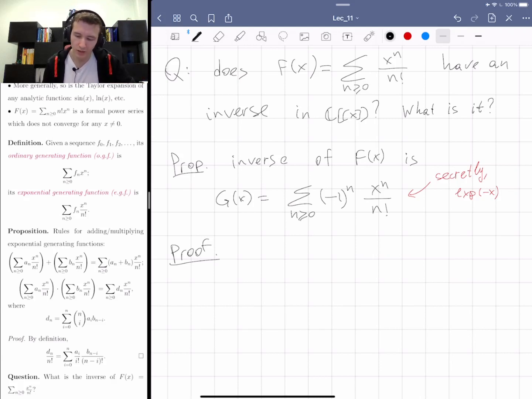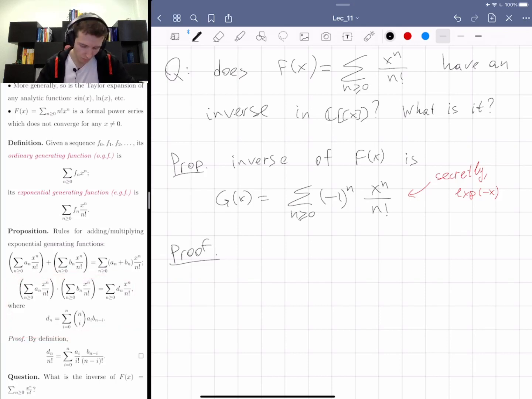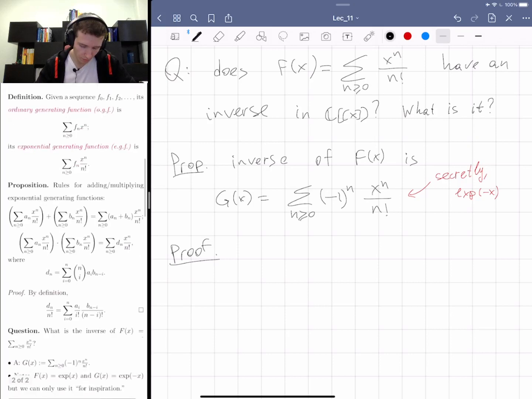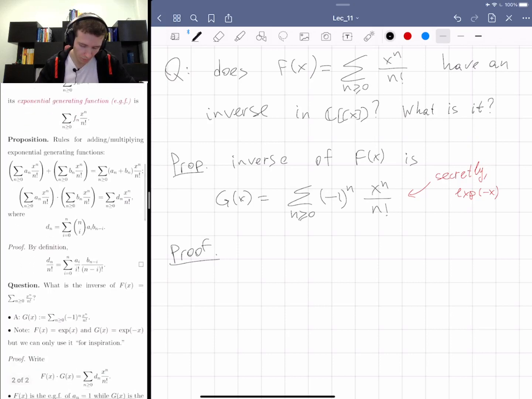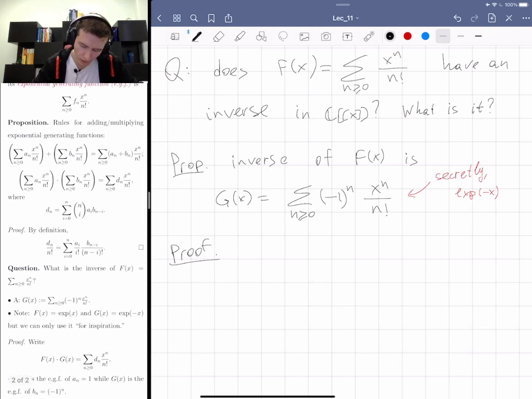Well, you multiply. We have a formula for a product of two exponential generating functions. Let me apply that formula. f of x times g of x is equal to the sum of d_n x to the n over n factorial.